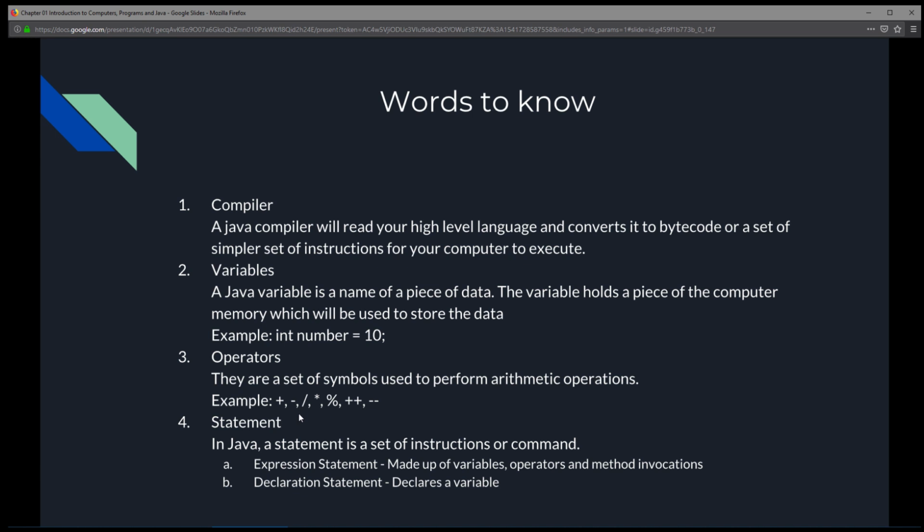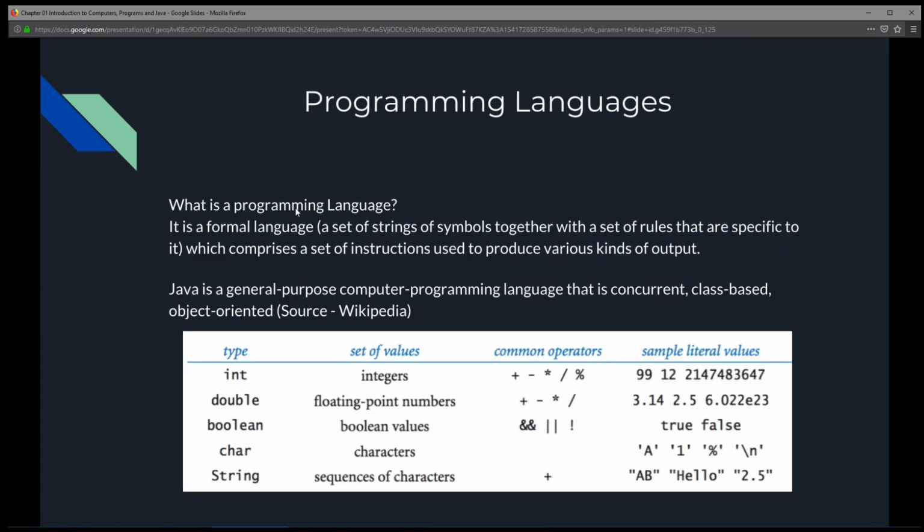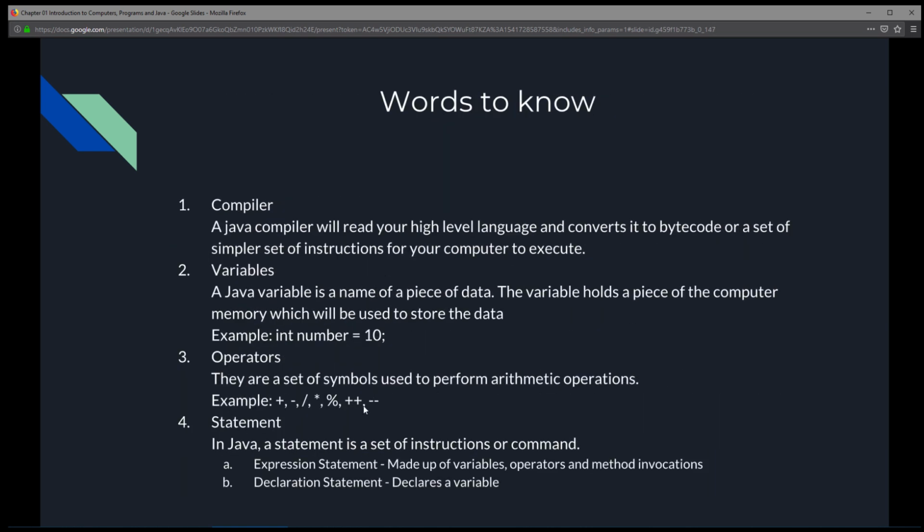It knows what each does. So that's what makes a programming language a formal language. It takes these symbols and gives them meaning. And for Java, it knows what they mean. All right. So understand that in Java, we have things called operators, and we use these operators to perform arithmetic operations.